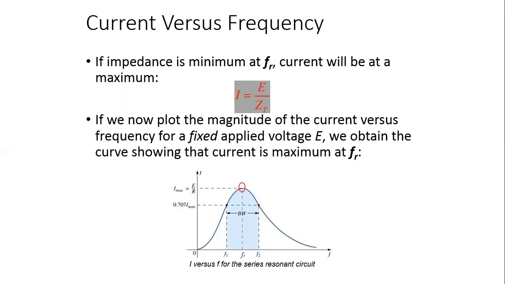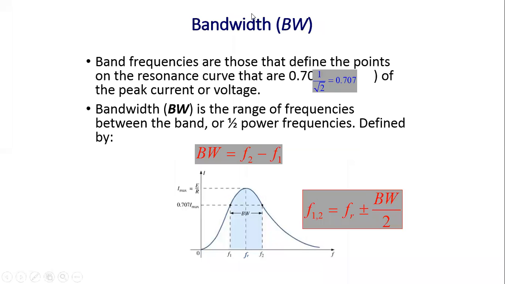So in the second case, we are interested in the bandwidth denoted by BW. Okay, so this bandwidth is nothing but the range of the frequency. And how can I get that resonance curve? That is nothing but 1 by root 2, that is 0.707. We can get the peak current and the voltage at this particular moment, that is 0.707. We can get either the voltage or the current at this peak. Okay, so in this way the bandwidth is nothing but the difference between the frequencies, the range of the frequencies.